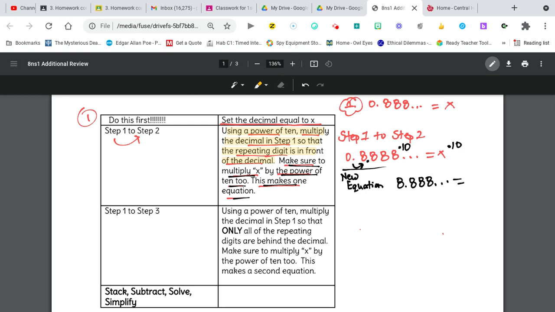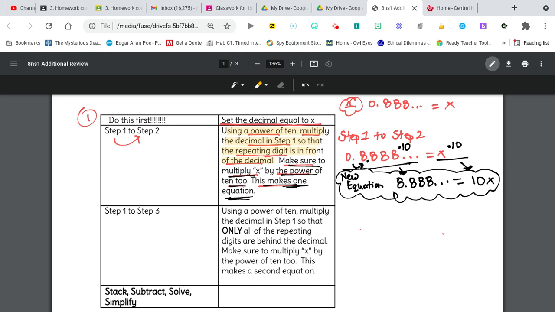If I multiply here, I get that. Multiply that by 10, I get that. If I multiply this by 10, I get 10x. So that creates that one equation that I'm talking about. So I want to remember this. That's what I'm focusing on.